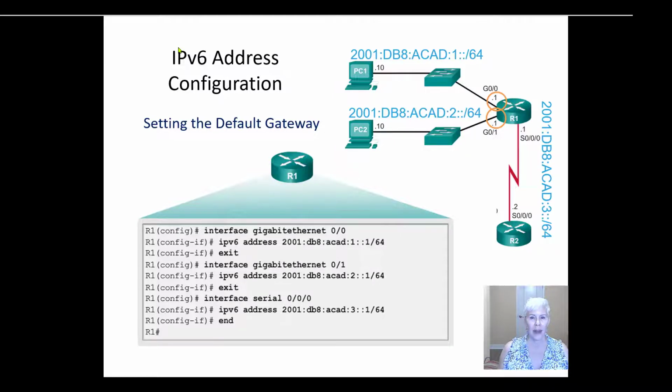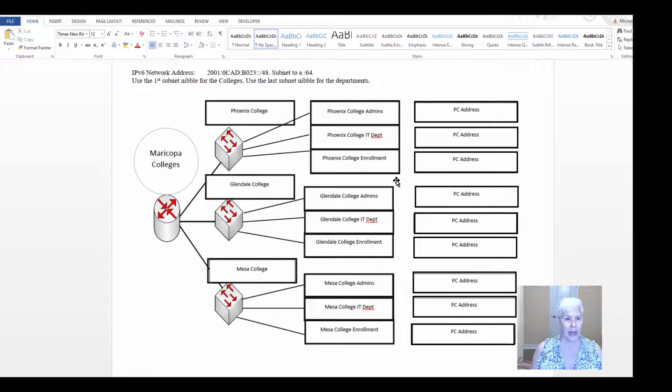I'm going to go ahead and do an example of IPv6 subnetting. In this example, the ISP has given us the network address of 2001:0CAD:B023::/48.